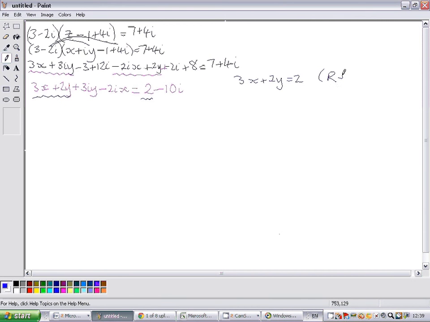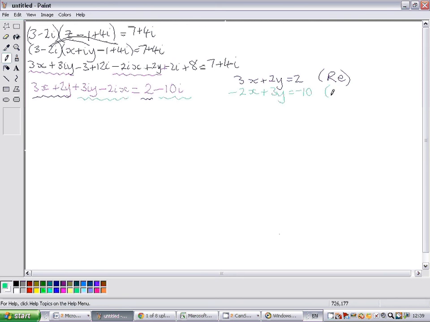Similarly, we have some imaginary parts on each side. So if you take away the i's and just look at the coefficients, I've got minus 2x, I'll write it so they line up, I've got plus 3y, and I've got minus 10.